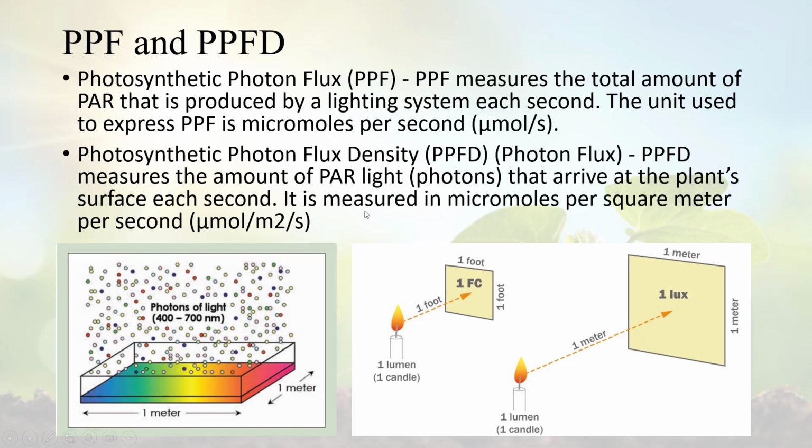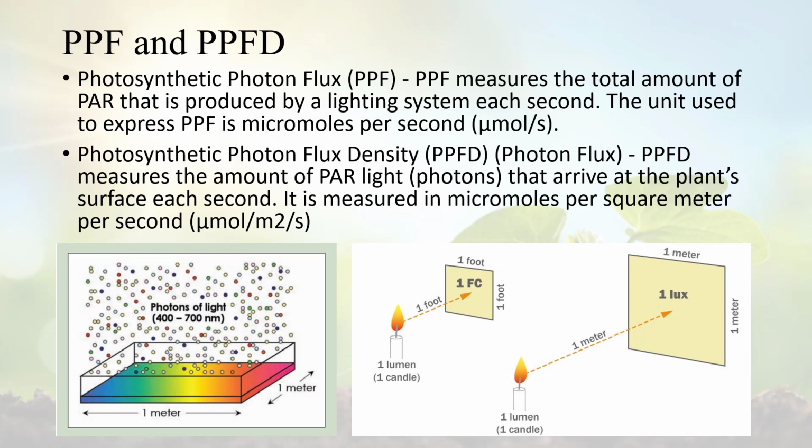Now, if we are interested in how much of that light is actually reaching a certain point, we're going to utilize photosynthetic photon flux density, right? And that is the measure of photons that are arriving at a surface each second, whereas photosynthetic photon flux is the amount of light that's being produced each second.